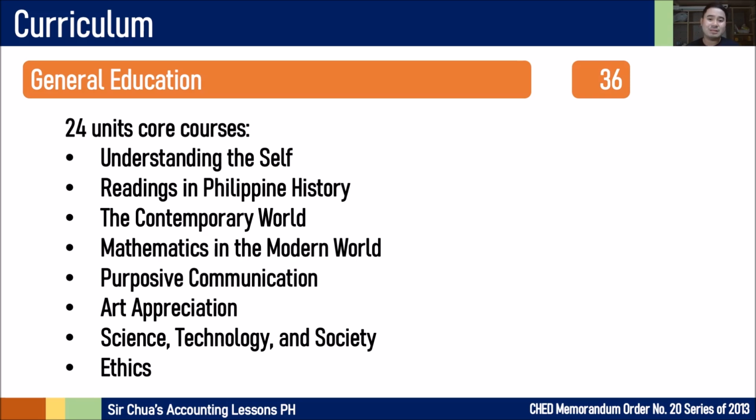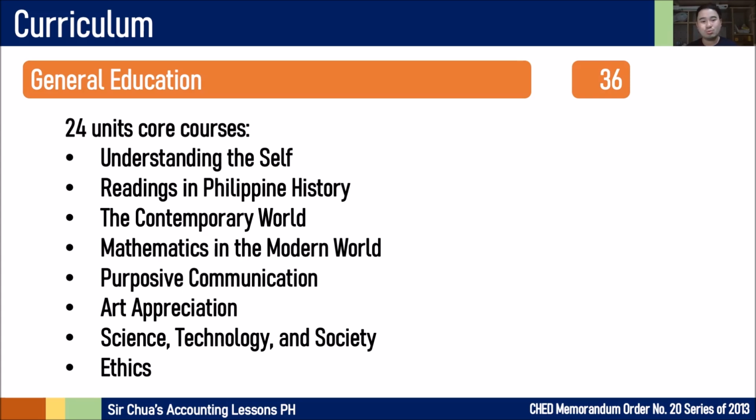Ito po kasi ay mandate. Ito po kasi ay prescribed ng CHED under Memorandum Order number 20 series of 2013, the college students should be taking up these 24 units of general education courses. Hindi po yan trip-trip lang na nilalagay sa curriculum. Tanggalin po natin yung ganong uri ng thinking. Okay? So you have those 8 subjects that you have to complete for 24 units.